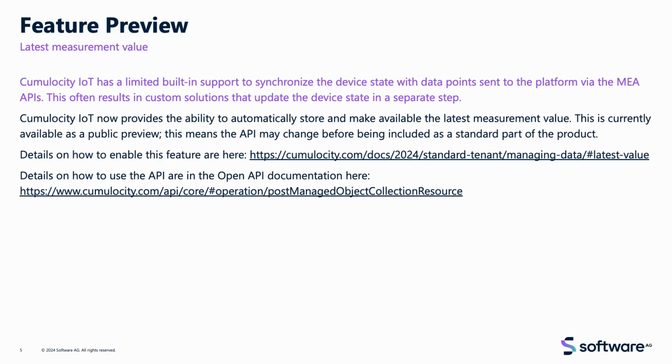I've included links here to documentation on how you enable the feature and also how you use the additional information from the API. That concludes the update for Q1 for platform services.